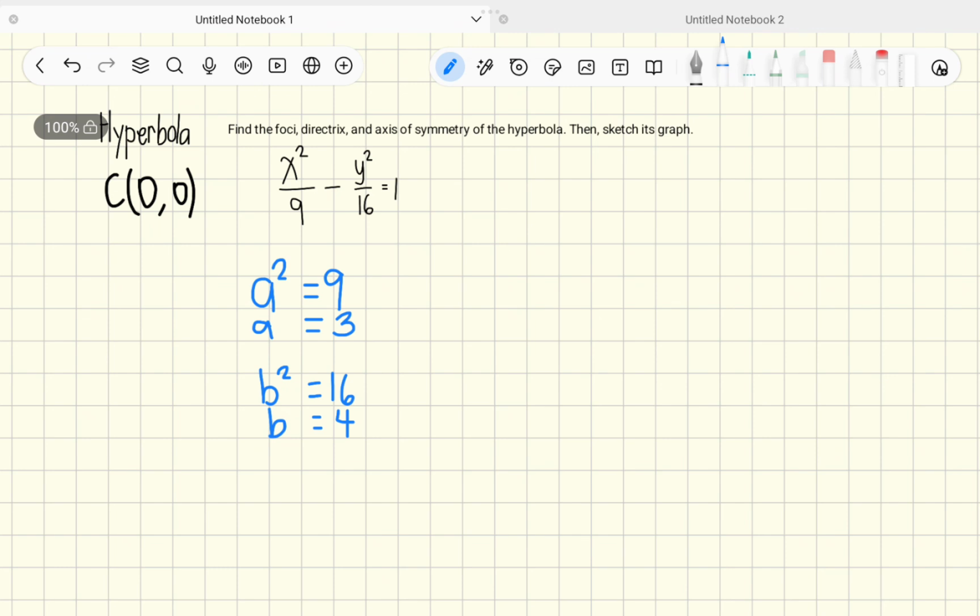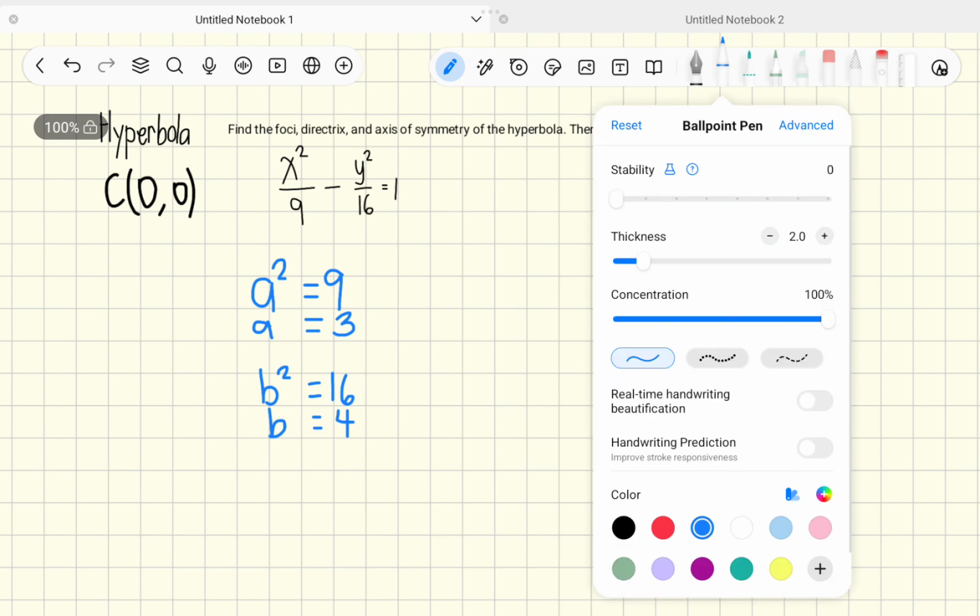So we can determine c, which is the distance from the vertex to the focus. No, not the vertex, rather the distance from the center to the focus. So based on my drawing earlier, c is the distance from the center to the focus. Let's review.